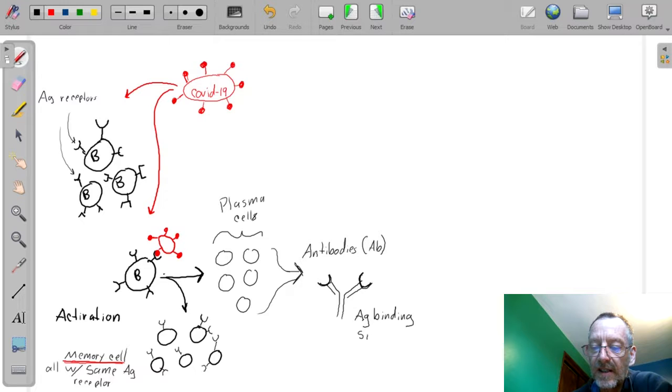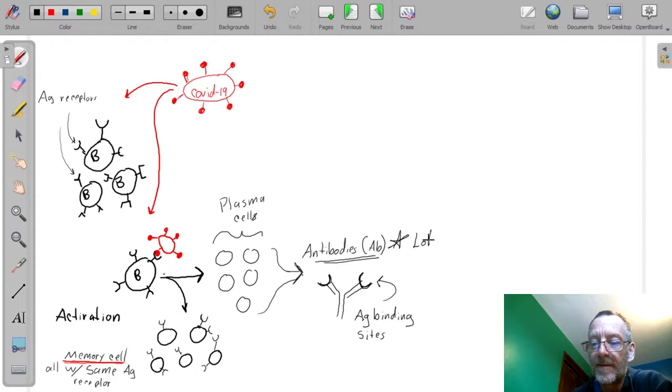Antigen binding sites. There are two for antibodies. They have two arms, one on each side.